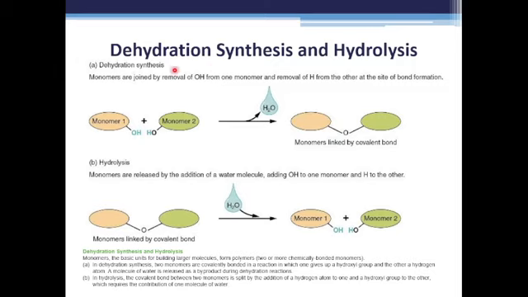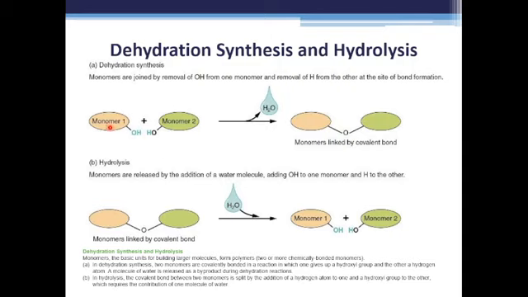In dehydration synthesis, two monomers are joined together to form a larger molecule. The word dehydration literally means the removal of water. When we are dehydrated, we are in need of water, and we have less water in our body.